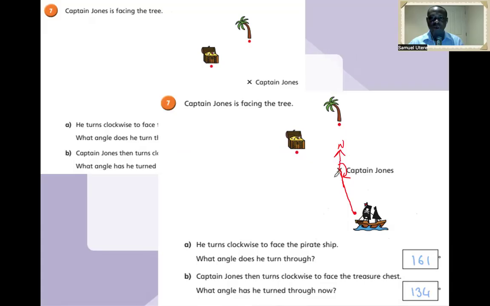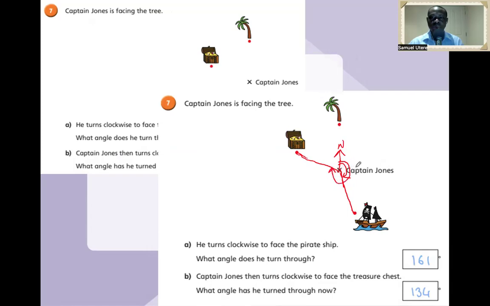Making sure you use a straight line to join that, you can then measure that angle using your protractor.